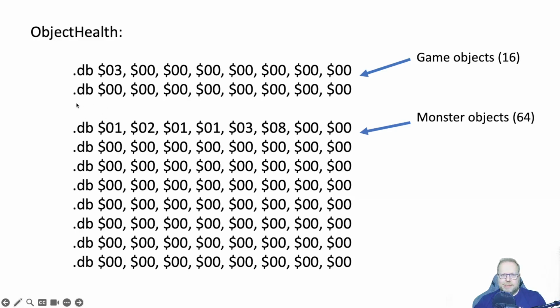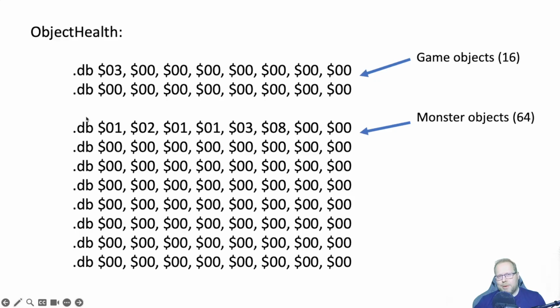So we can do these sort of things for ourselves if it makes sense to separate them like this, because maybe it makes it easier to read. So let's look at this example. Object health. This is a table in NESmaker.